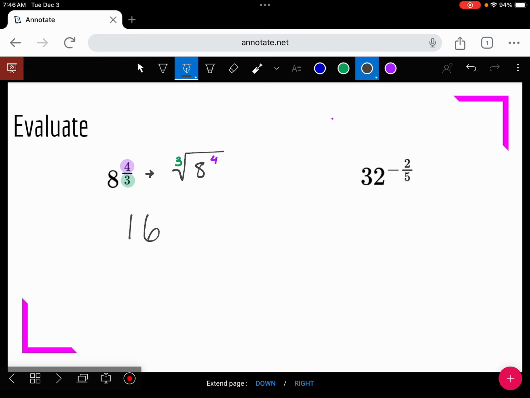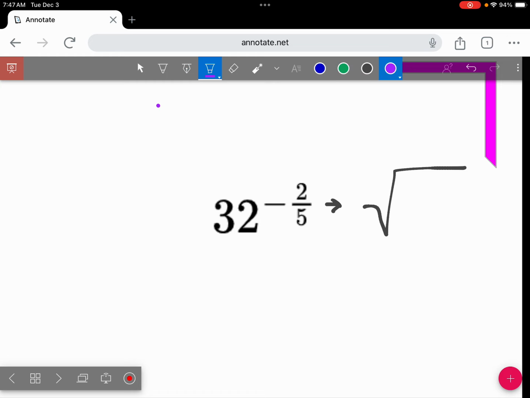Same thing on the other one. Let's put this in our radical form. What is our power? 2. And what is our index? Negative.